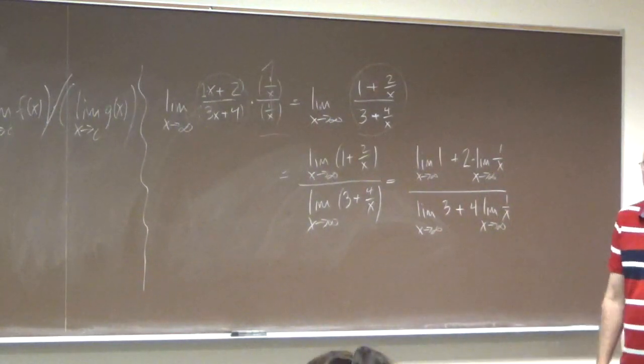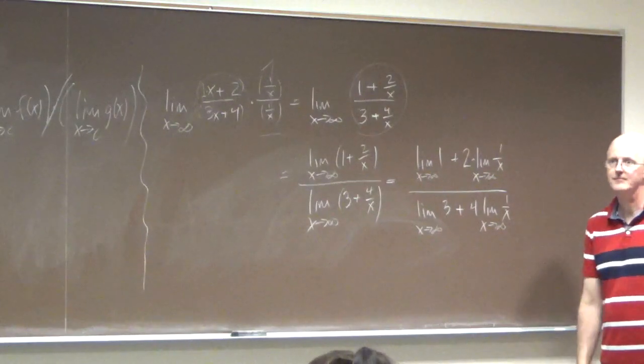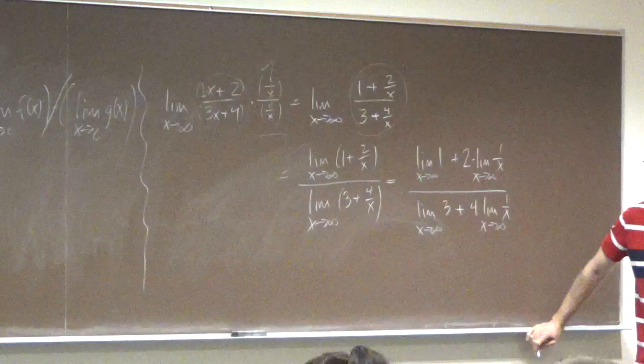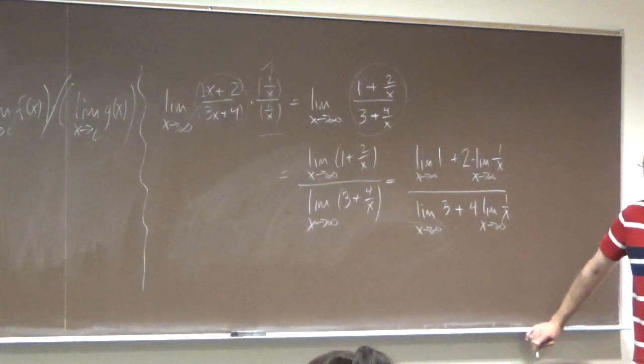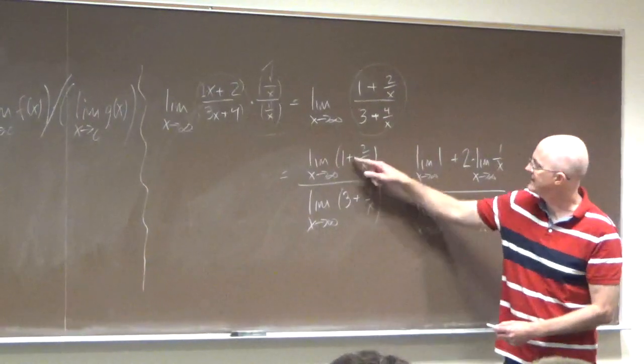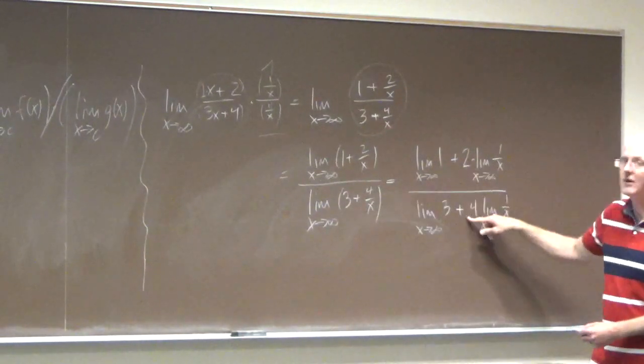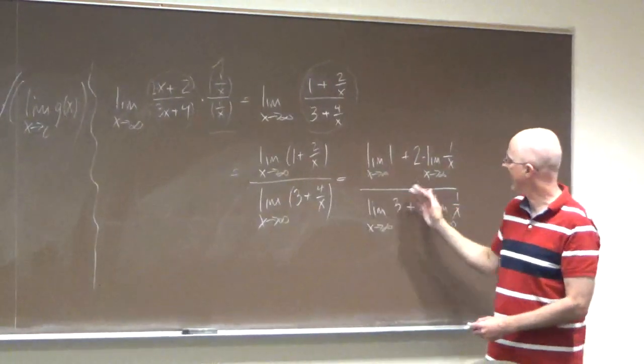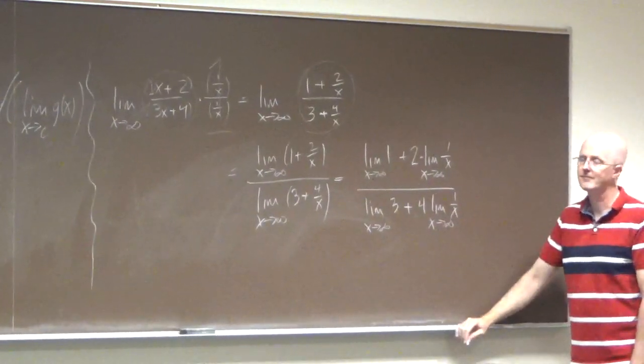I use the linear combination property. So it's not a real-life application, but it's an application to a pure math problem. In both cases I have a sum. The sum gets carried along for the ride, so to speak. And in both cases, the 2 here and the 4 there can be factored in front of the limit sign.